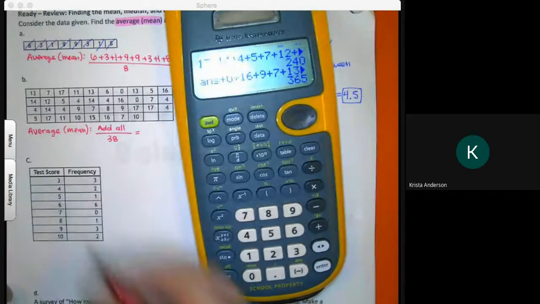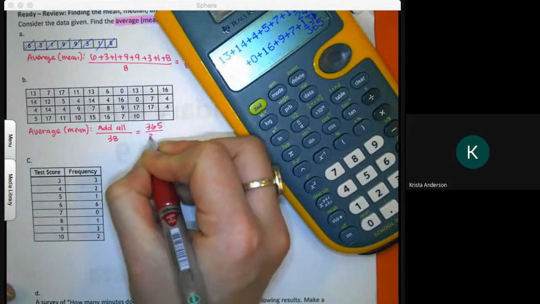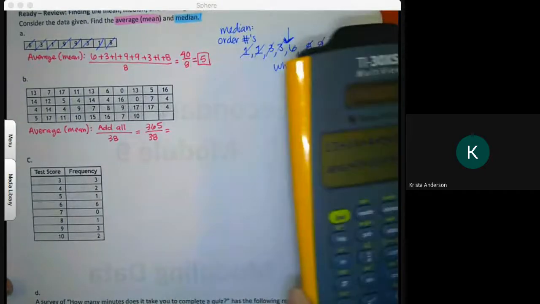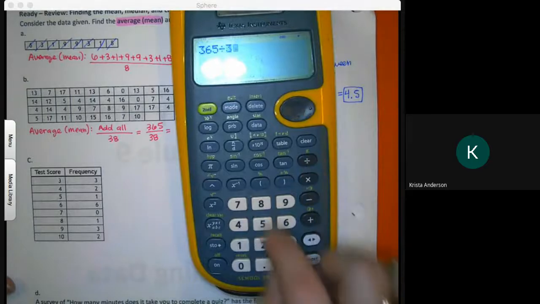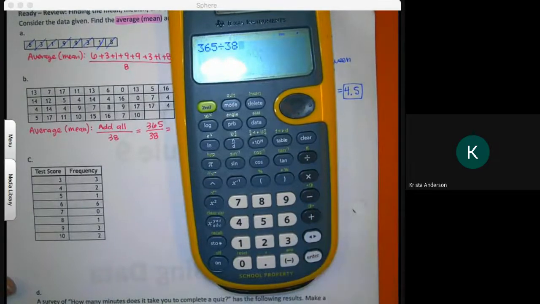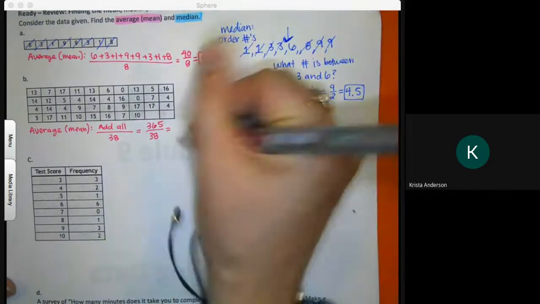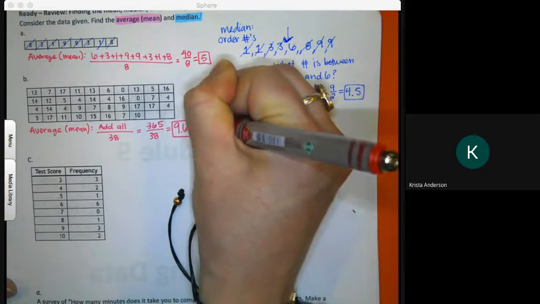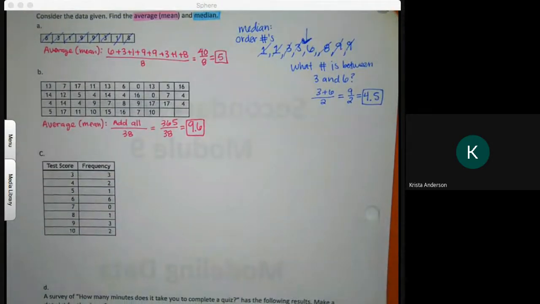So my total is 365 when I add them all up, and I divide it by 38. 365 divided by 38 is 9.6. That is my average, the mean.